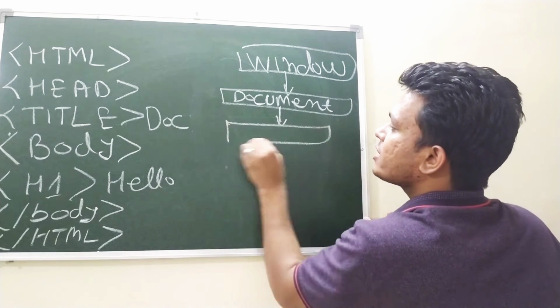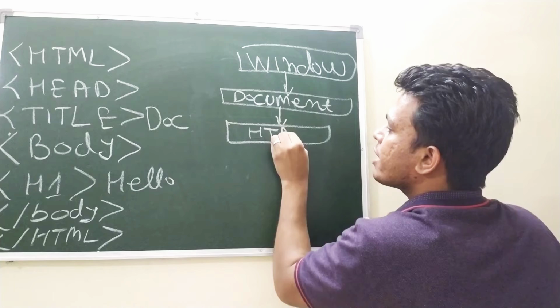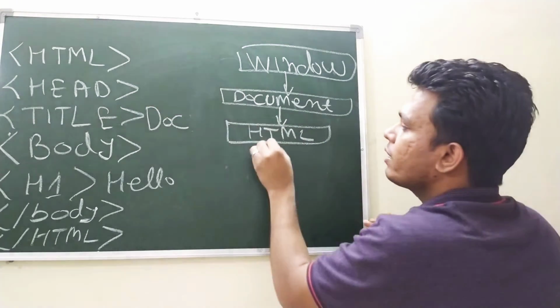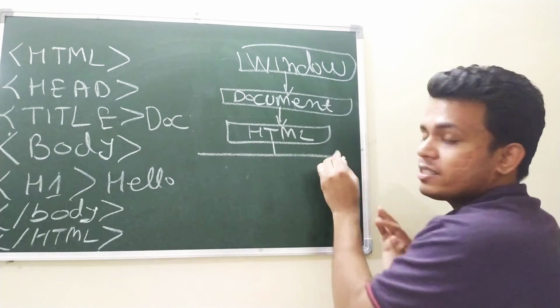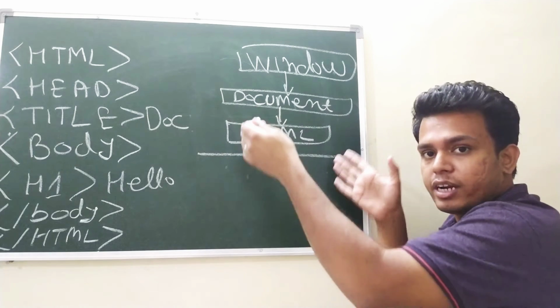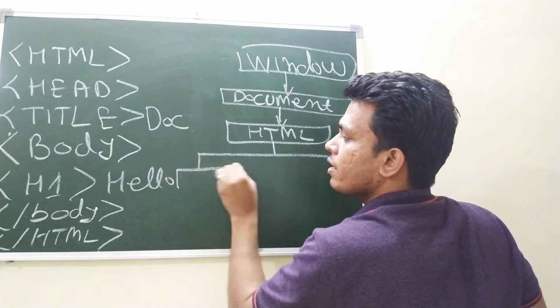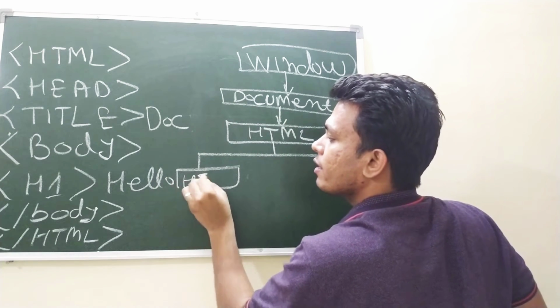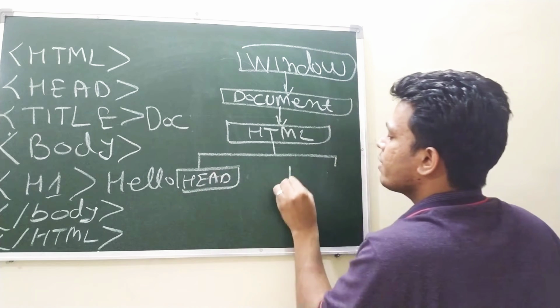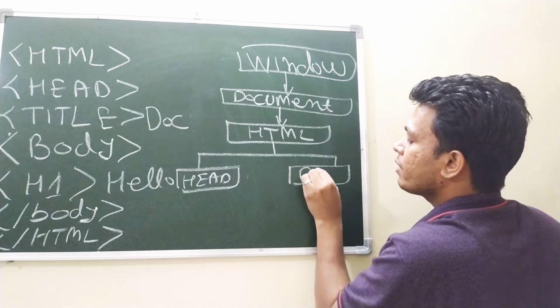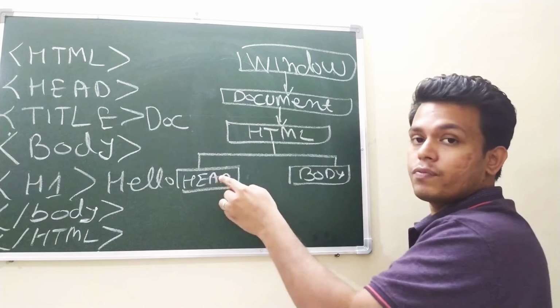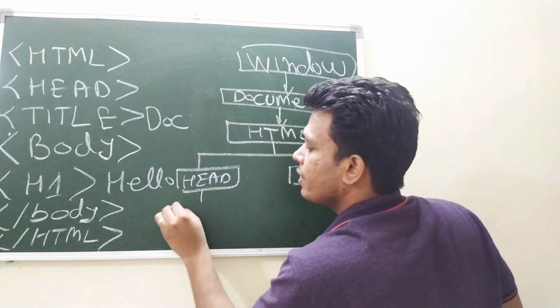We have HTML. In this HTML, we have two interesting things. Now things are divided into three: we have one head and one body. In head, what do we have? We have a title.